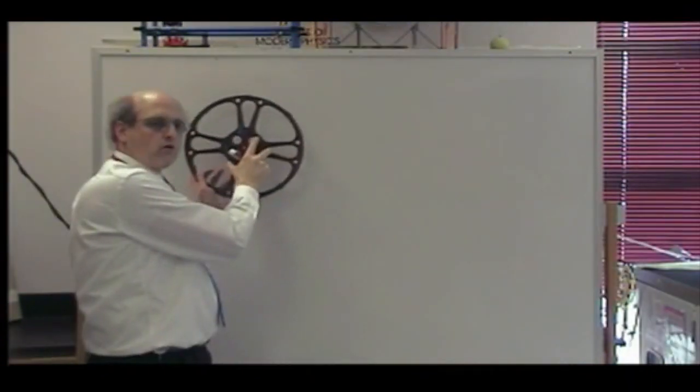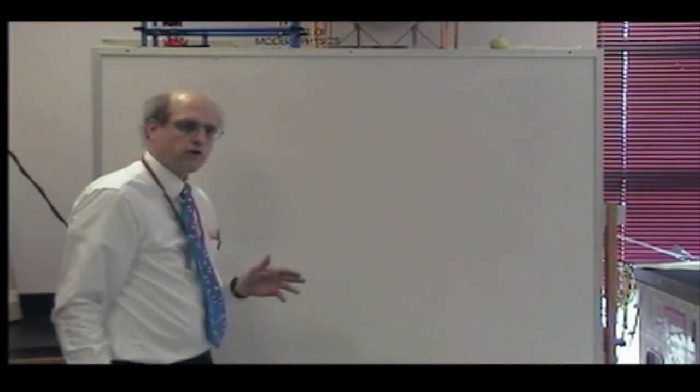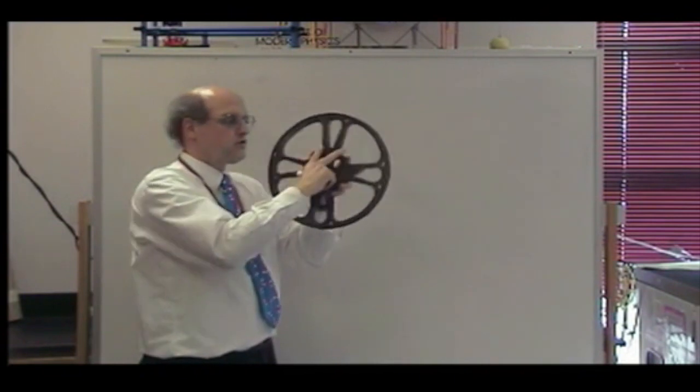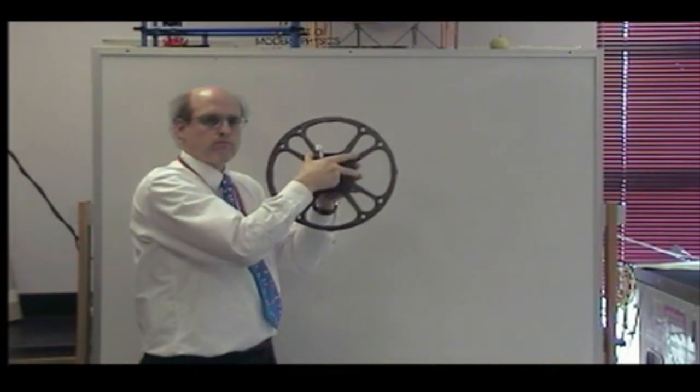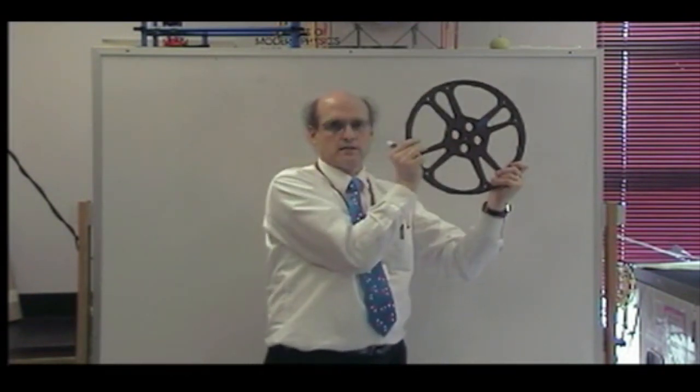A wheel rolling along a surface without slipping can be thought of as follows: a wheel in pure rotation, and at the same time a wheel in pure translation.